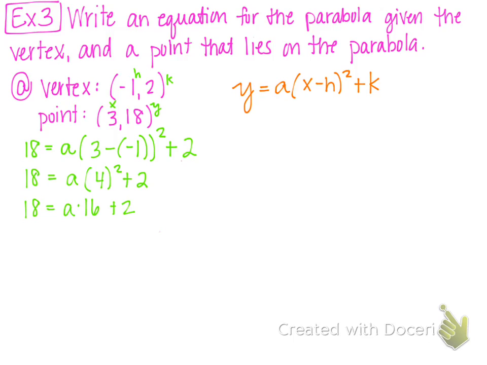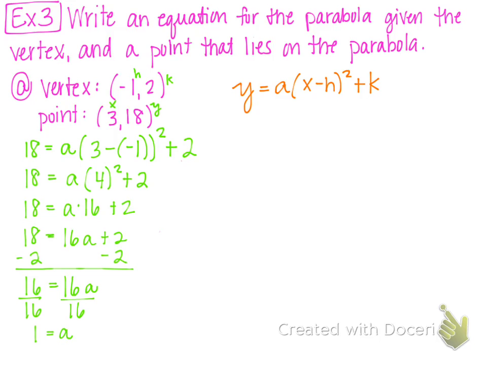A lot of people don't like to write it that way, so I'm just going to rewrite this as 16a plus 2. So we got to subtract 2 from both sides. We get 16 is equal to 16a. Then we divide by 16, and we get 1 is a.